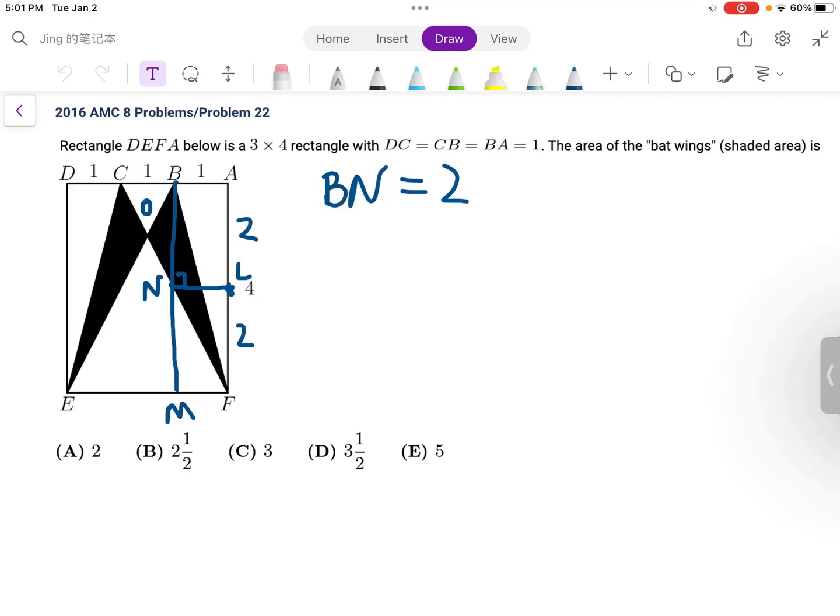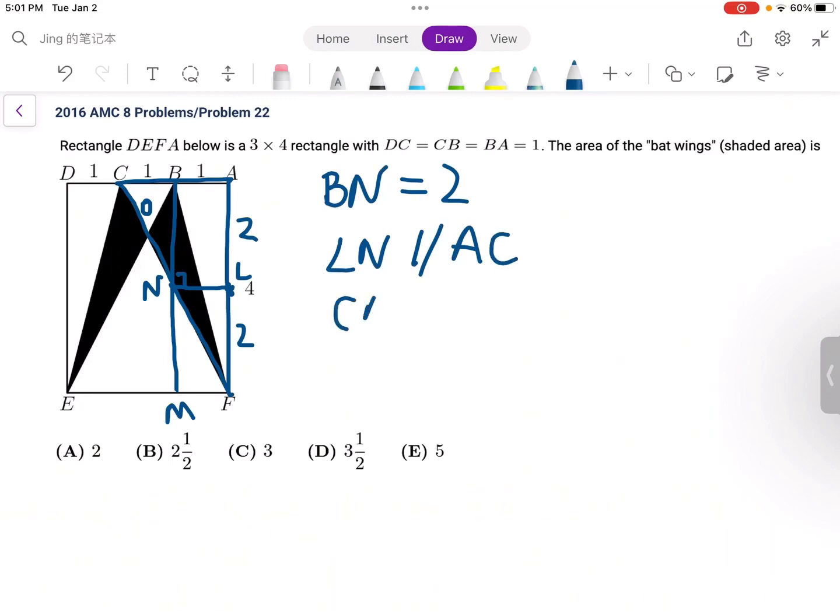Now, let's look at triangle ACF. Because L is the midpoint of AF, therefore N is the midpoint of CF because LN is parallel to AC.